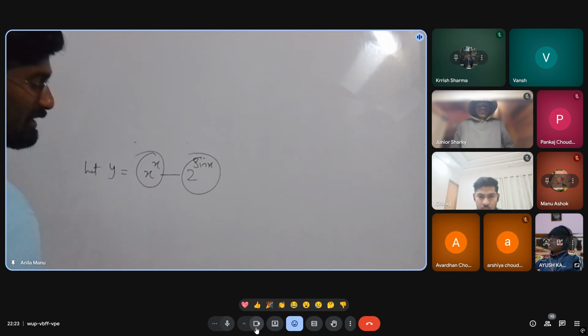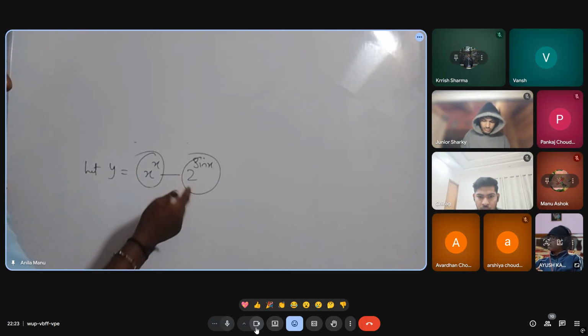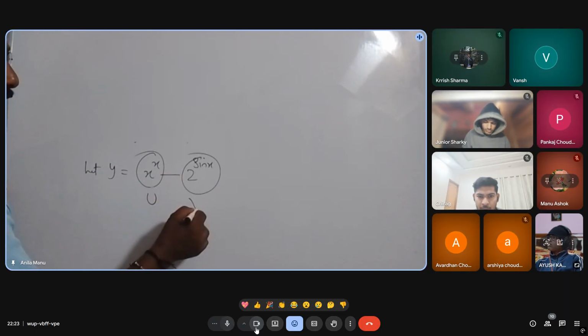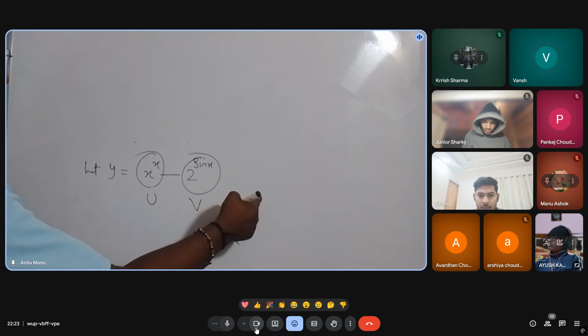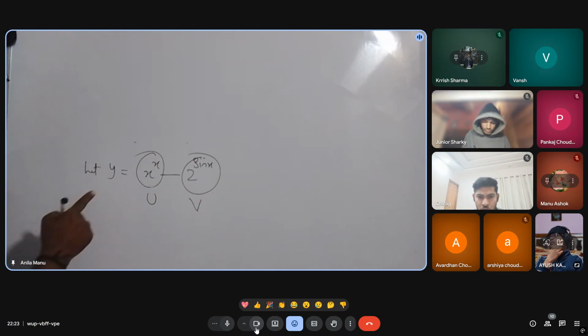If you have this kind of question, you have to take the functions separately as u and v. If we have three functions, u, v, w. So all of you please note it down. Let y is equal to the given function.